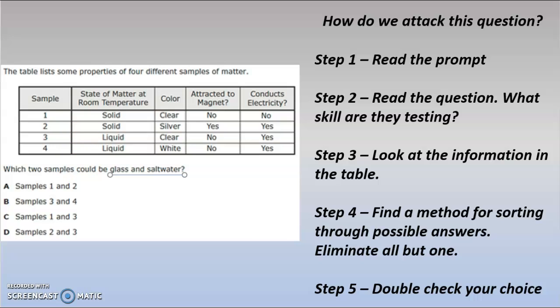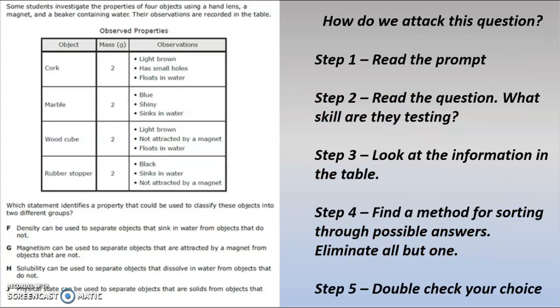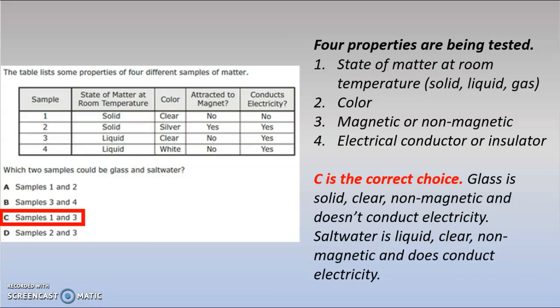When we consider those four properties, there's only one that matches up on every one of these, sample 1 and 3, because the glass is a solid and the salt water could be a liquid. They're both clear. Neither of them are attracted to a magnet. The glass would not conduct electricity, but the salt water would.